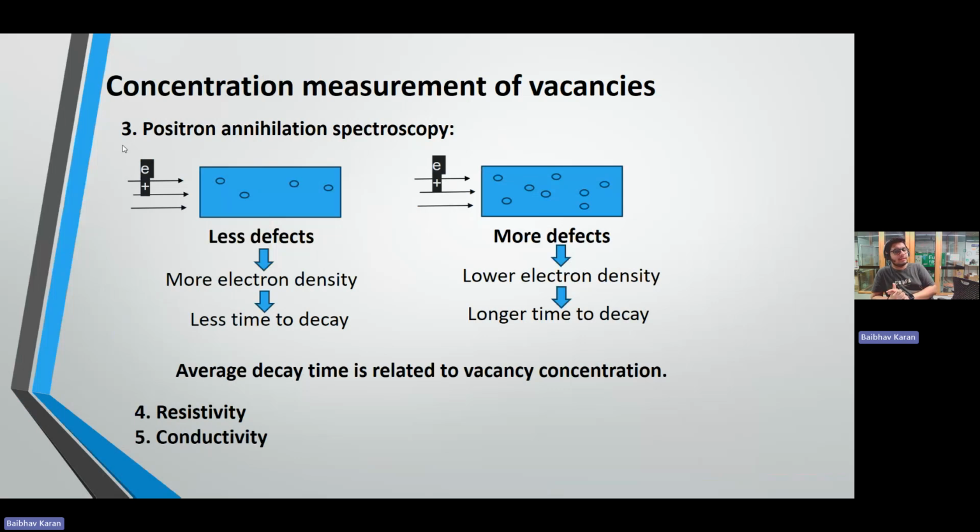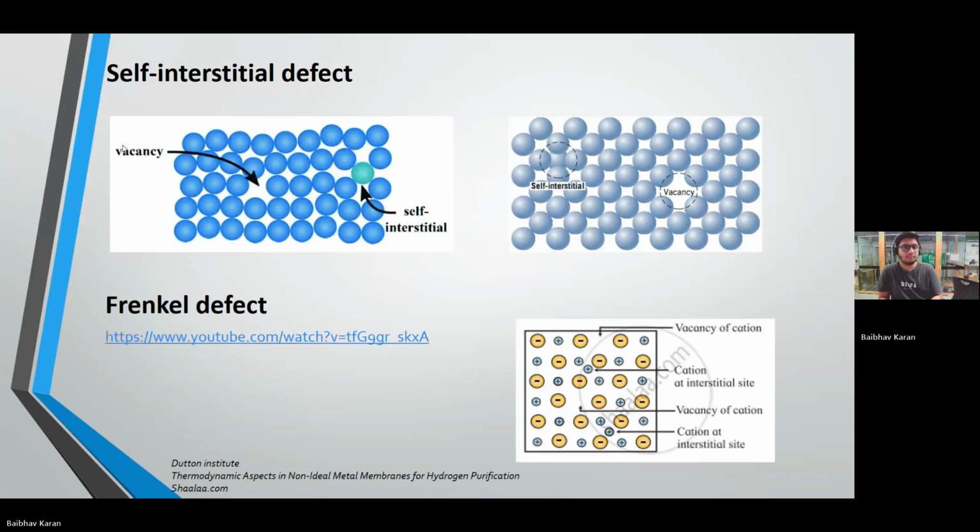Finally, for the material having more defects, that means there is lower electron density, so the decaying will take place over a very long period of time. This average decay time of the positron can be related to the vacancy concentrations. We can also measure the vacancies with the help of resistivity and conductivity.